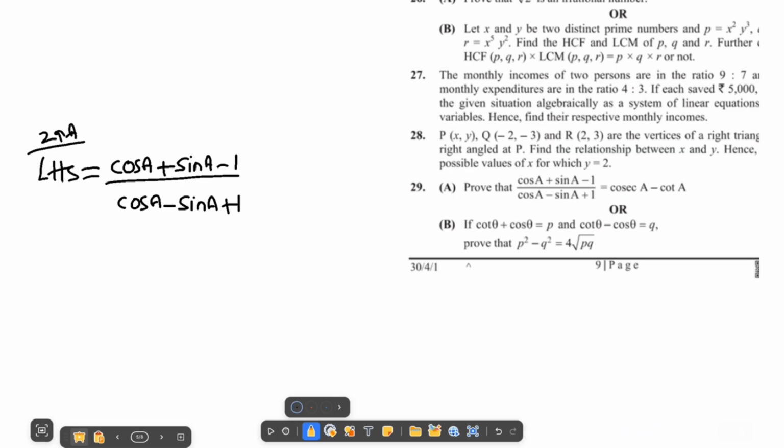The required one is cosec A minus cot A. So to get cosec A minus cot A, we have to divide both numerator and denominator by sin A, such that we will get cot A and cosec A. Let's divide the numerator and denominator by sin A.